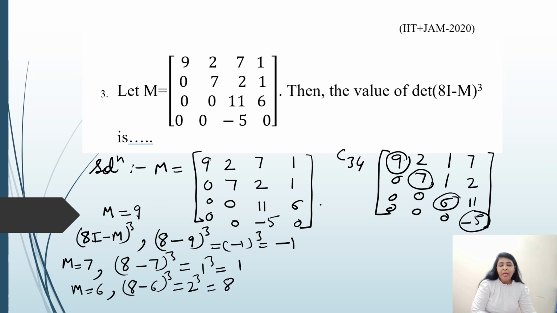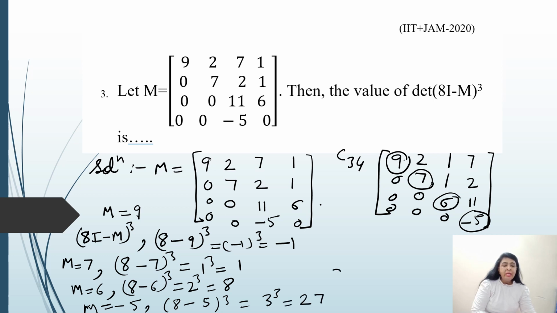Then for M is equal to minus 5, we have 8 minus 5 whole cube, which is equal to 3 cube. 3 3s are 9, 9 3s are 27.